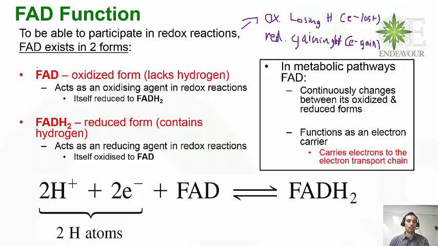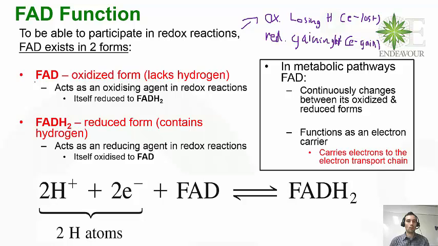So the really nifty part of our FAD is that it can actually be in two different forms. It can either be in the oxidized form or the reduced form. This allows it to participate in reactions where it's going to be oxidized or reduced, so it can do both types of reactions.